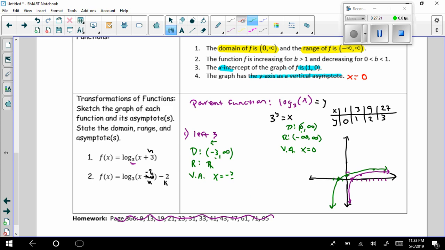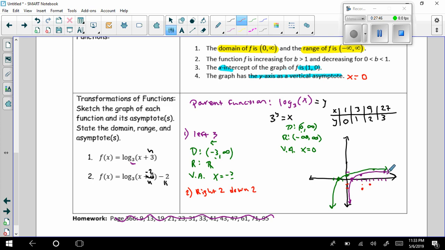Okay. And then the second one, I have right 2 and then down 2. So each of these points will go right 1, 2, down 1, 2. So that one will move there. This one, right 1, 2, down 1, 2.